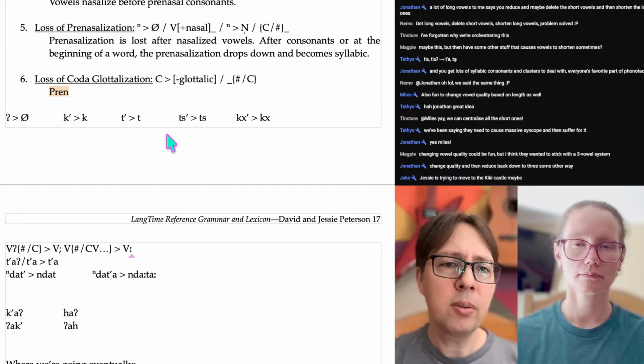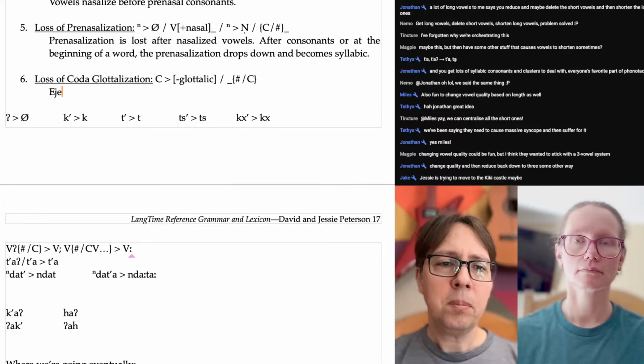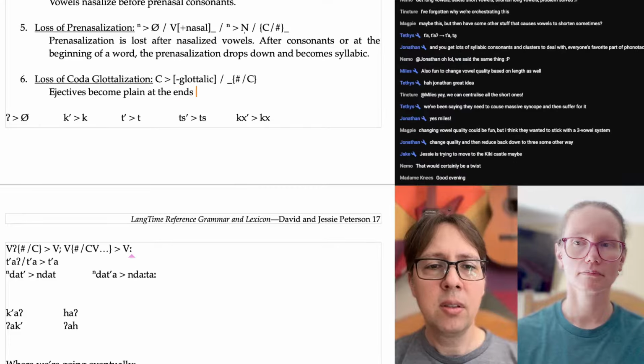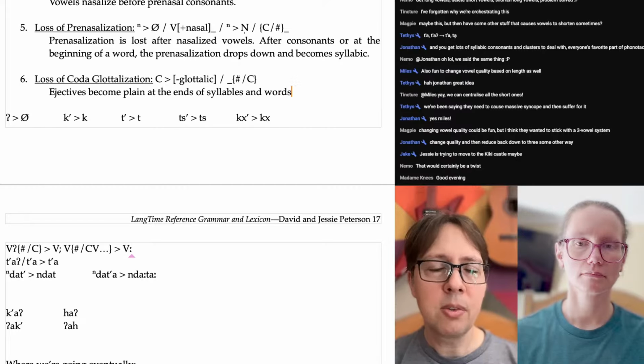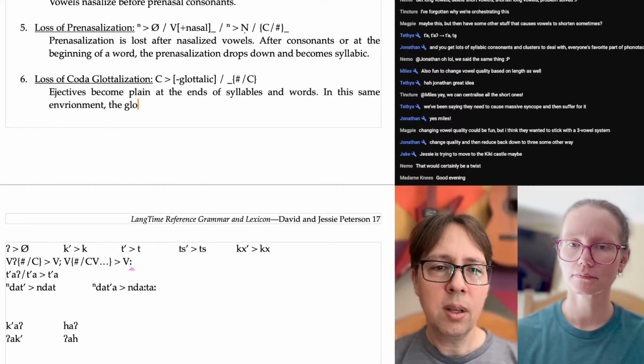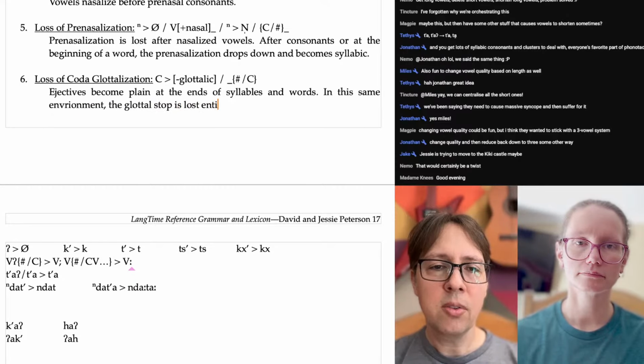That's fine. I'm just going to write it in. Adjectives become plain at the ends of syllables and words. I mean, well, essentially the same thing. In this same environment, the glottal stop is lost entirely.